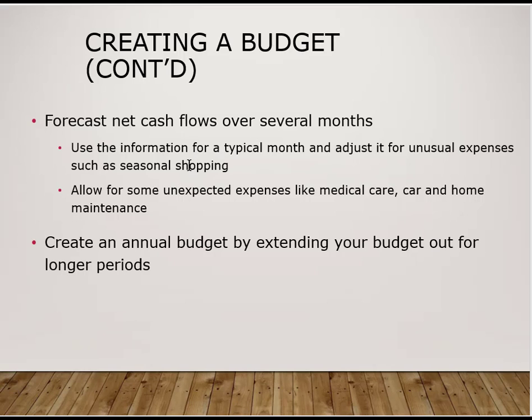We want to see where we're going. We want to maybe take into account some seasonal things that we may spend money on. We may want to have some type of side fund for unexpected expenses like medical care, home care, maintenance or something, right?